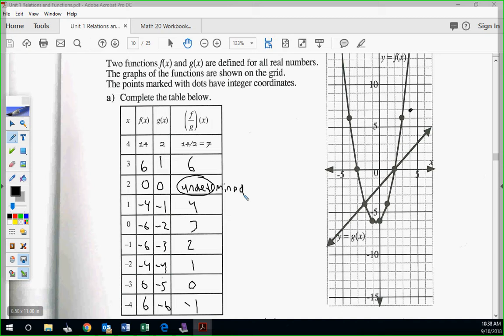Now let's plot these points, and then we'll talk about what we're going to put there. It does tell you at the bottom what you're going to put. Let's see. It's at 6 here. We don't know at 2. At 1, it's at 4. And then at 0, it's 3.